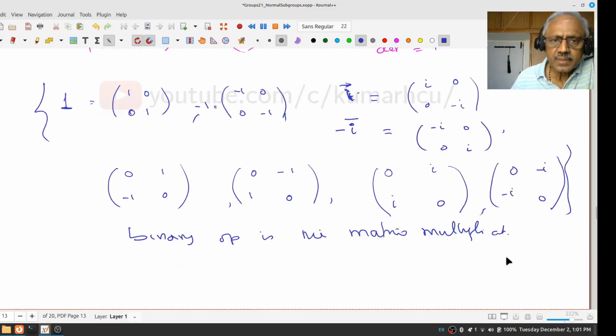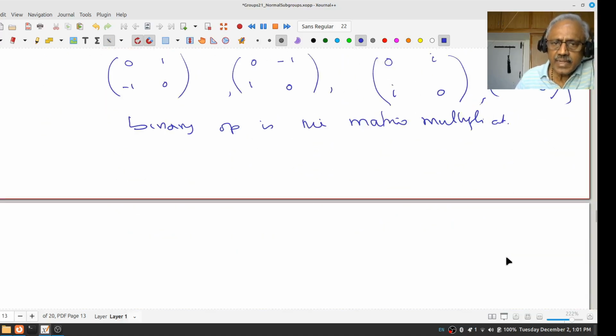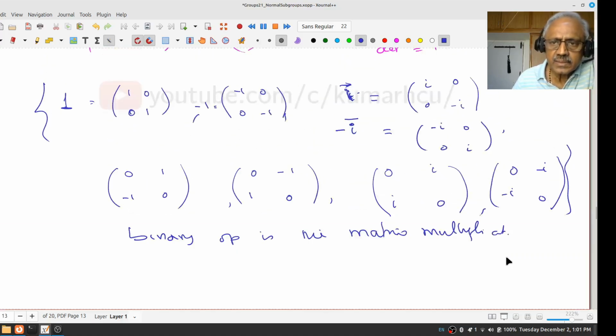Now, let us look at this element. Let us look at this i and call this j.